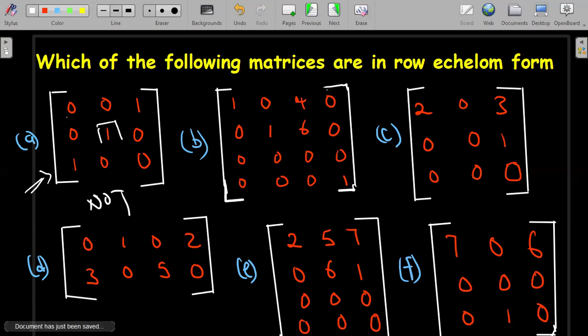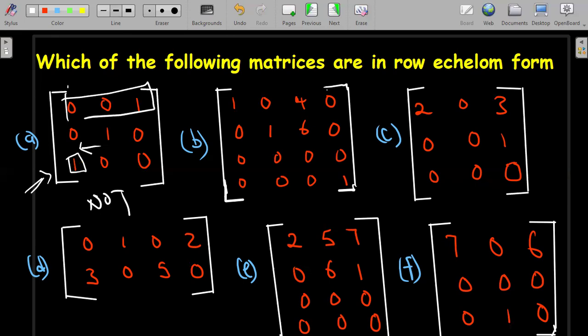If you look at the second row and the third row, the pivot in the third row is not to the right of the pivot in the row above it. This pivot in the third row is to the left of the pivot in the row above it. And this one does not have a pivot in position 1. So we're going to say that matrix is not in what?